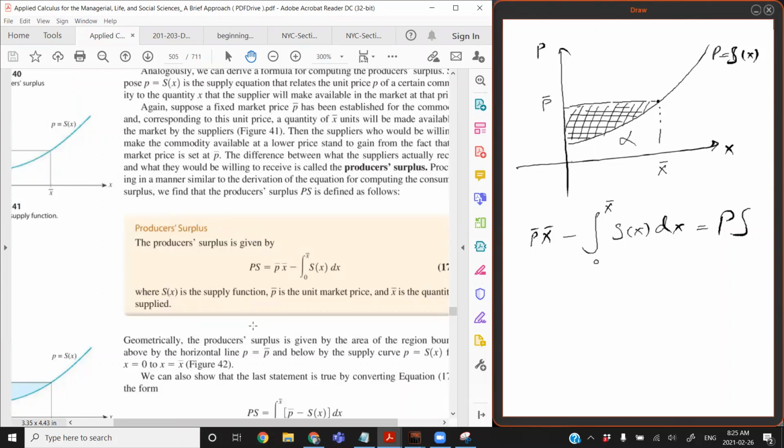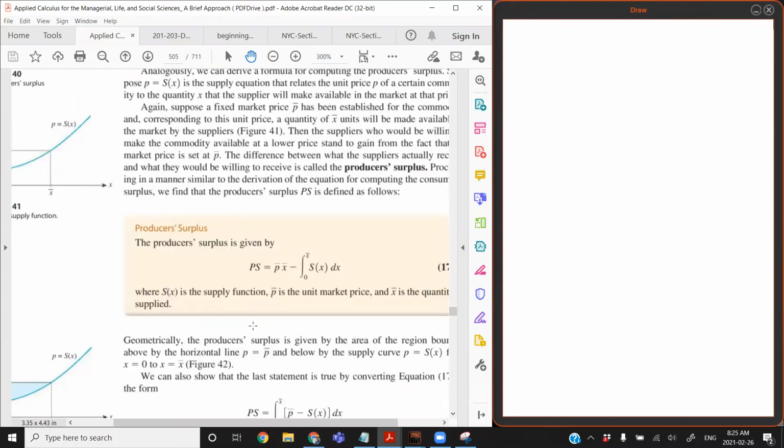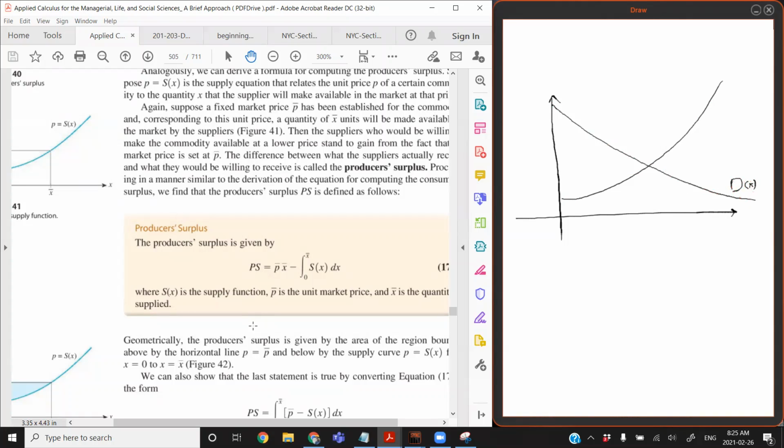I do not recommend memorizing the formulas. What I recommend is understanding the geometry of it. So generally, if I put both of these functions on the same graph, the supply is going to be like this, the demand is going to be like this, D(x), S(x). How do you remember that?